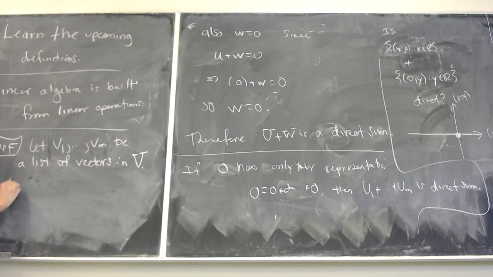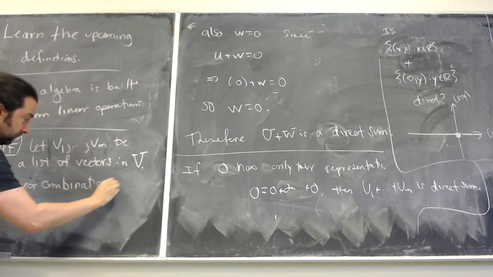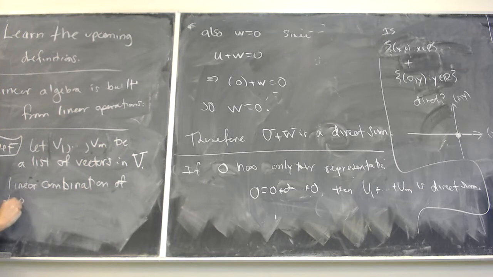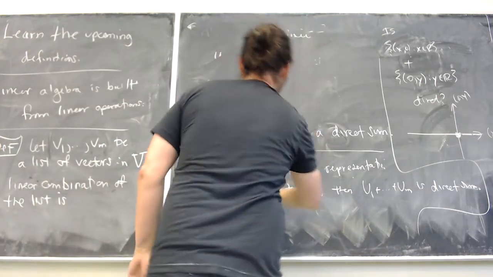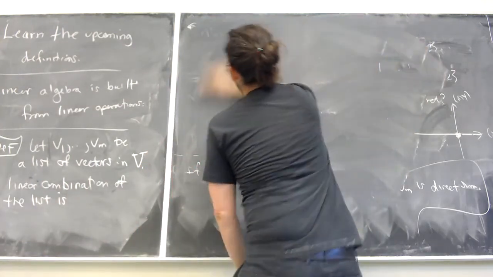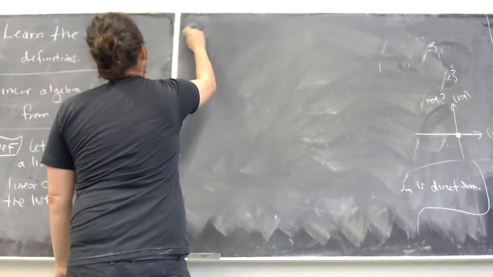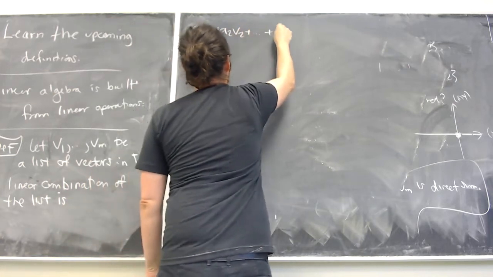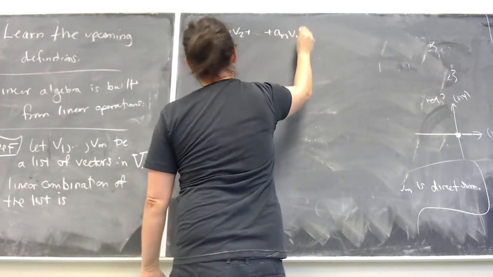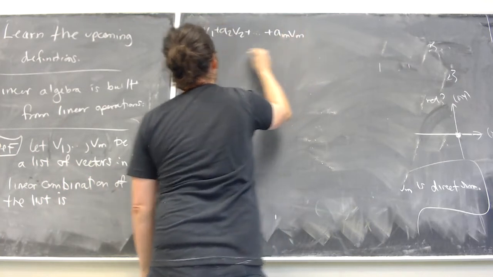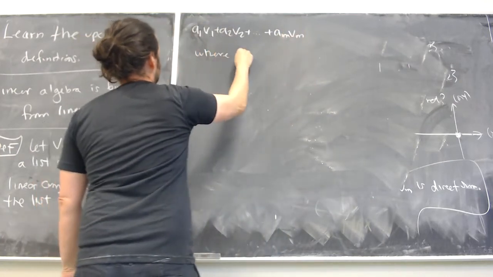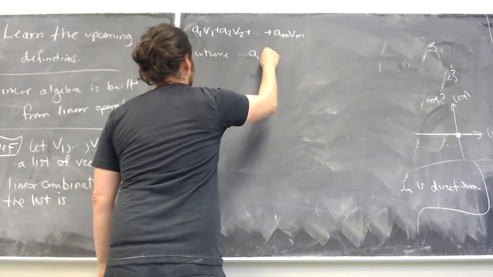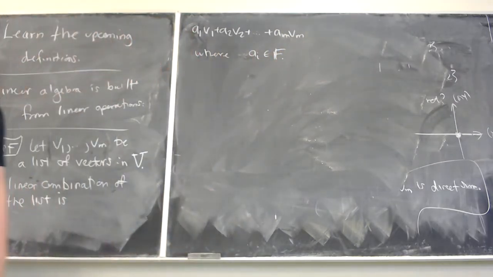A linear combination of the list is a1 v1 plus a2 v2 plus ... plus am vm, where the ai are scalars that come from whatever that field happens to be for the vector space that you're on.